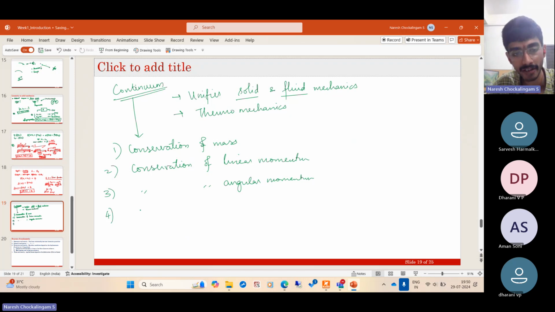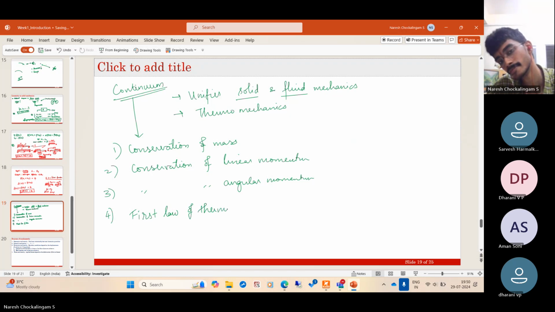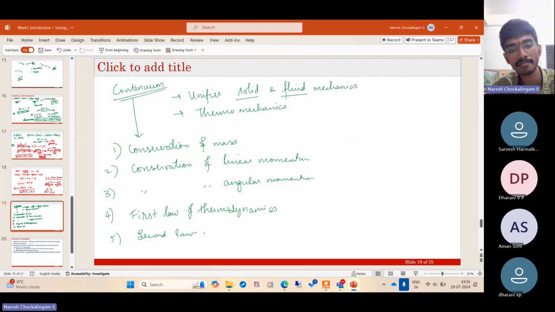Then you have first law of thermodynamics, that is, energy has to be conserved. Then we have second law of thermodynamics. These do not differentiate whether the material is solid or fluid. These are universally applicable. We don't say it applies to gases because its kinetic theory is not still included.